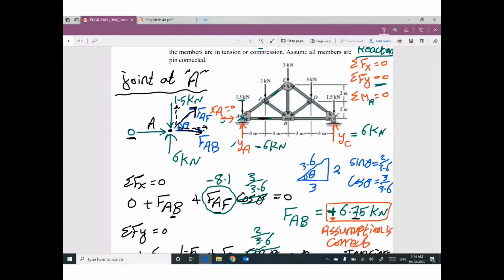So related to this joint will be compression, and related to the other joint on the other side will be compression. How much? 8.1. AB is tension. So related to this joint will be tension, and related to the other joint on the other side will be tension. How much? 6.75.